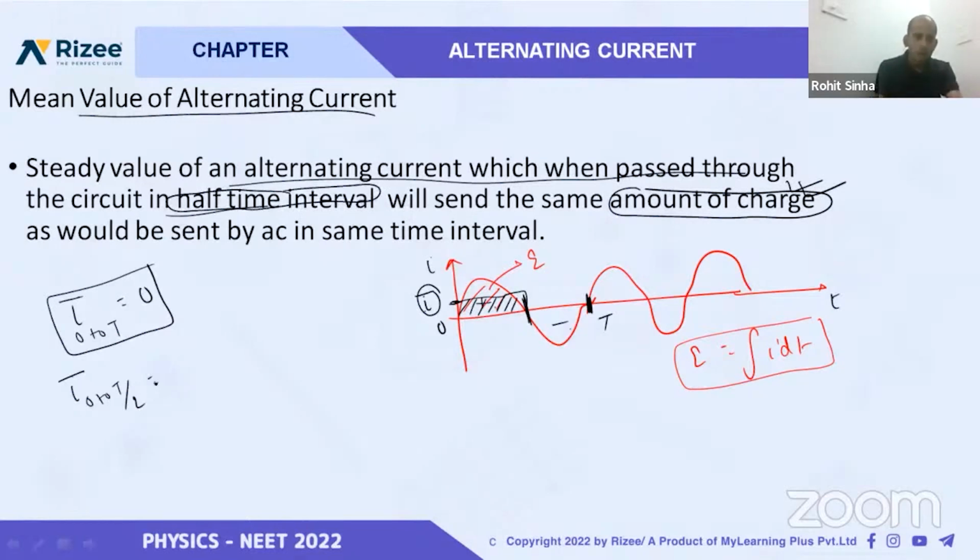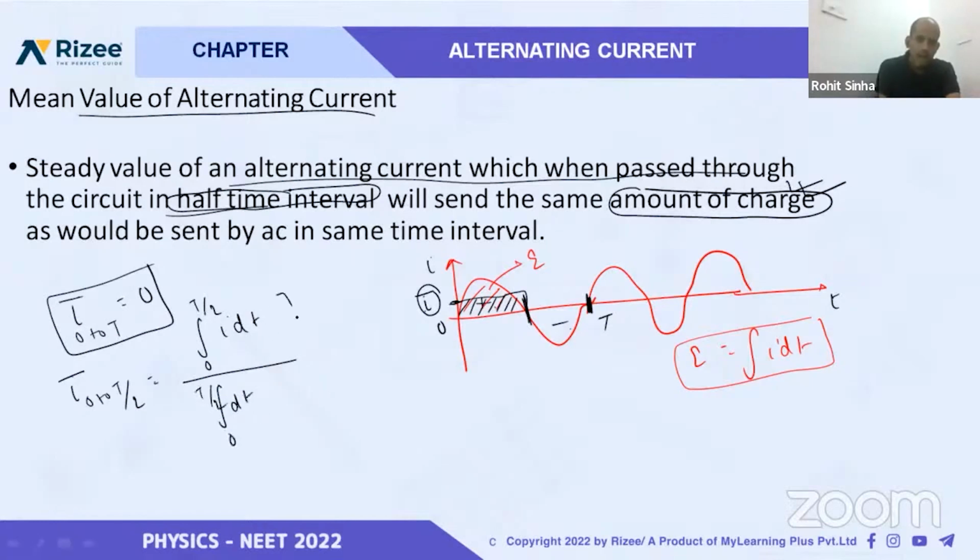Now how do we find the average current? You must have studied that to find the average value of anything in physics or mathematics, we do it like this: integration of I dt from 0 to T by 2, divided by the integration of dt from 0 to T by 2.